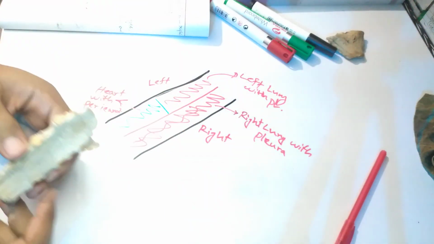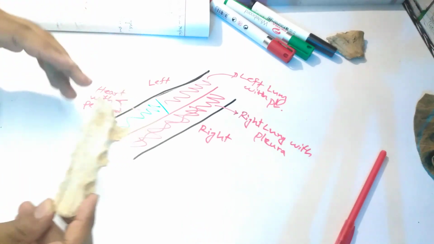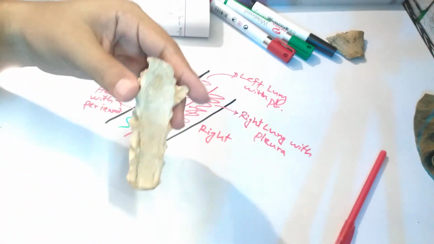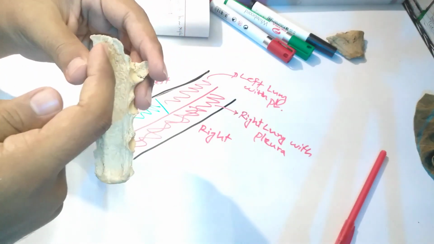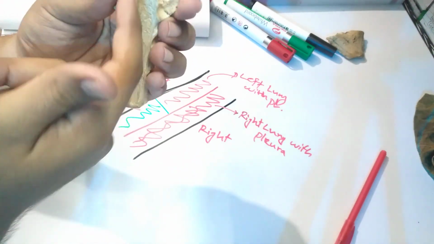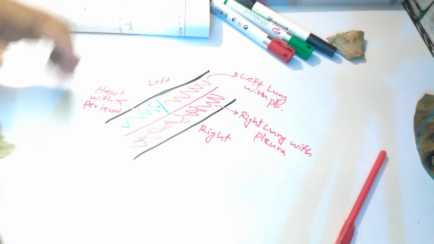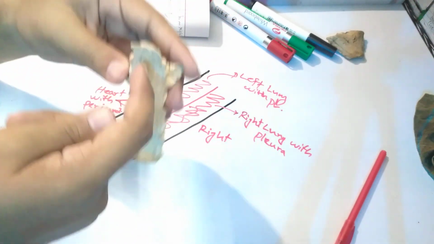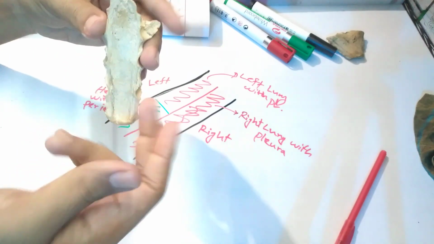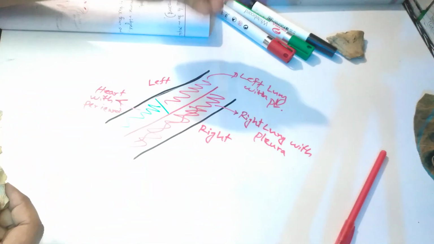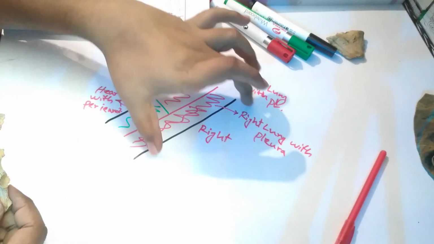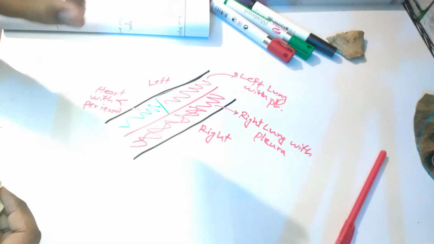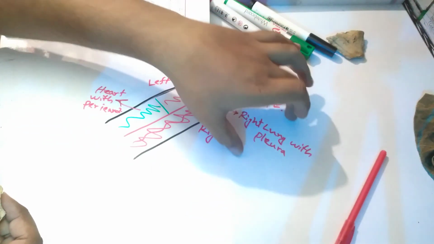Here is the posterior relation of the body. If we divide the body into left side and right side, then the posterior surface of the right side of the body has a relation with the right lung with pleura.